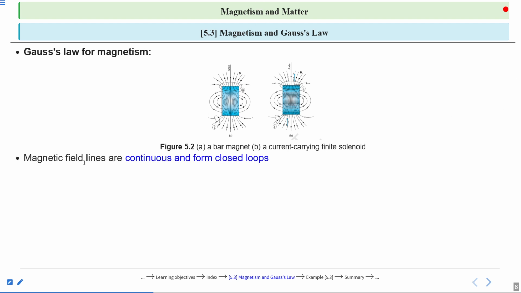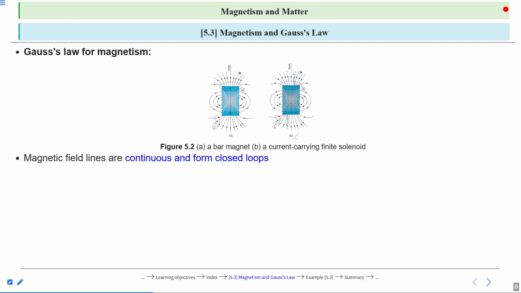Magnetic field lines are continuous and form closed loops. That difference we have discussed in our previous lectures: electrostatic field lines are non-continuous. They don't form closed loops. They originate from positive charge and end on negative charge. Got it? But for magnetic field lines, we cannot fix the point of origin, because for a bar magnet, outside the magnet they originate from north and enter the south, but inside the magnet they originate from south and enter the north.